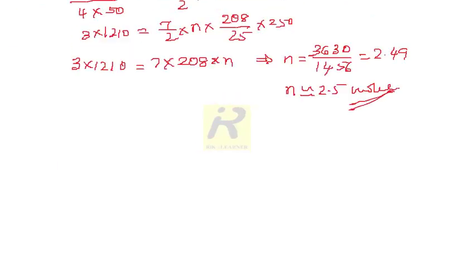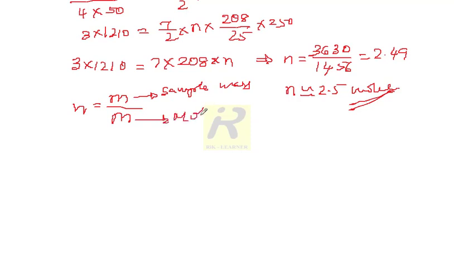So then how can I express this? n equals m divided by M. This is the sample mass, and this is the molar mass. And no doubt this is the number of moles.